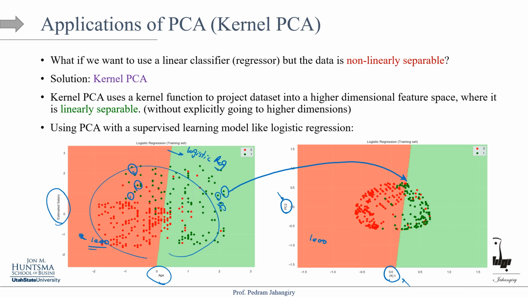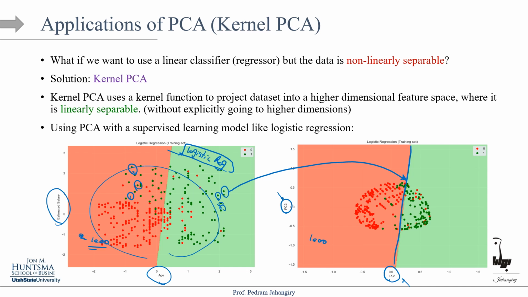This new data is more linearly separable, if you wish, right? So if you don't want to change your model, so you like logistic regression because it's simple, it's efficient, and it's interpretable, you can still use that, but you have to apply kernel PCA to capture that nonlinearity in the data. And now hopefully a linear model is going to perform better.